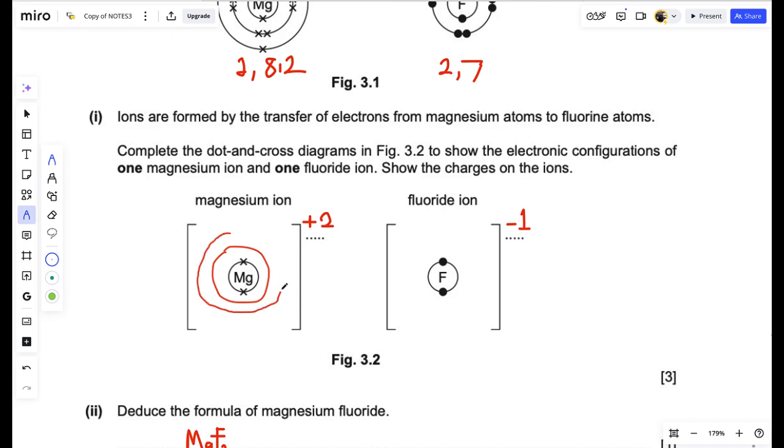Here we have 8. Or you might just draw the outer shell one, but that's if they say so.